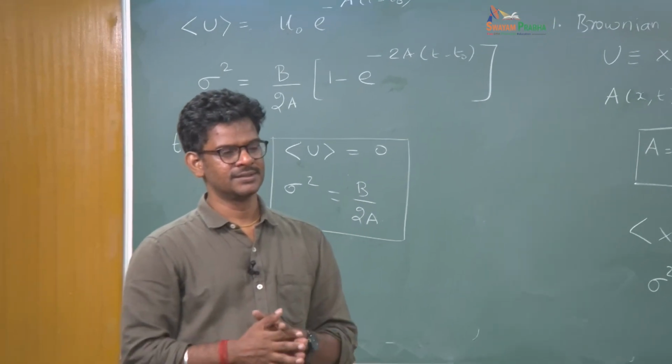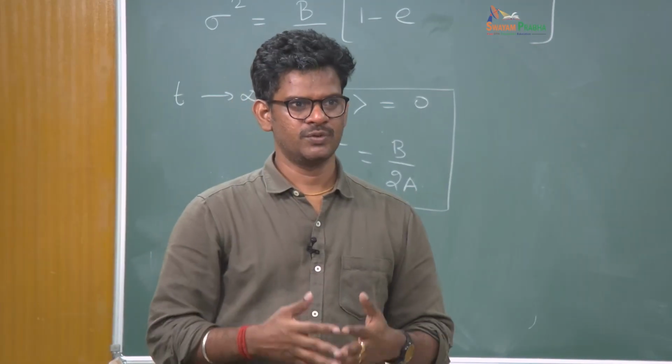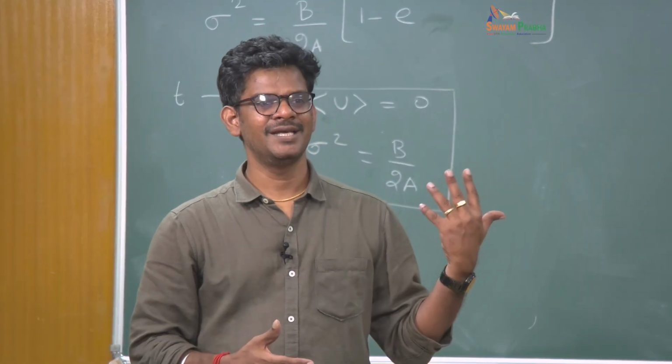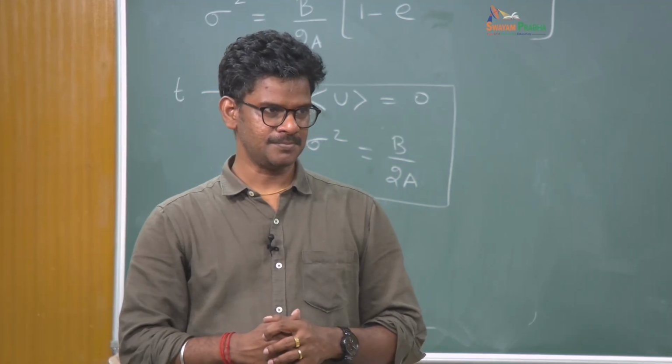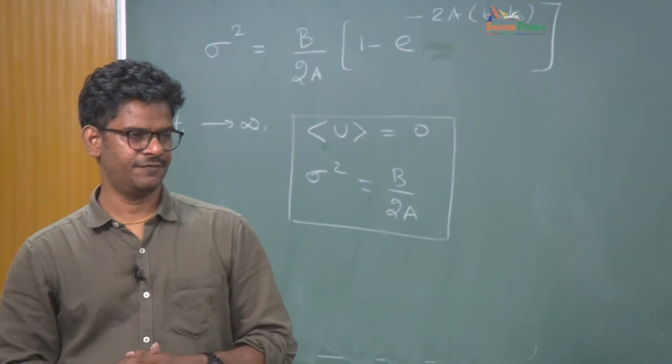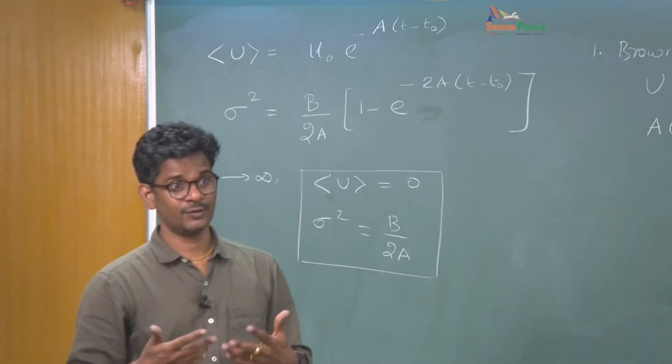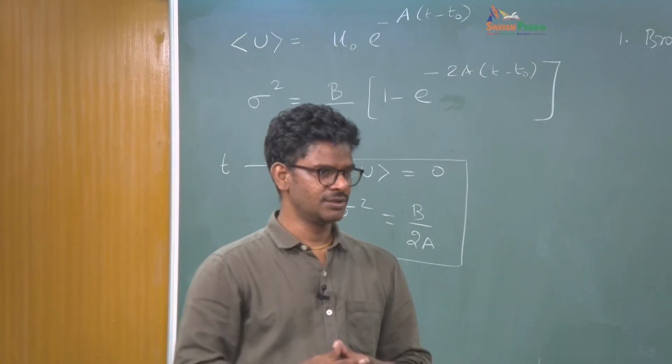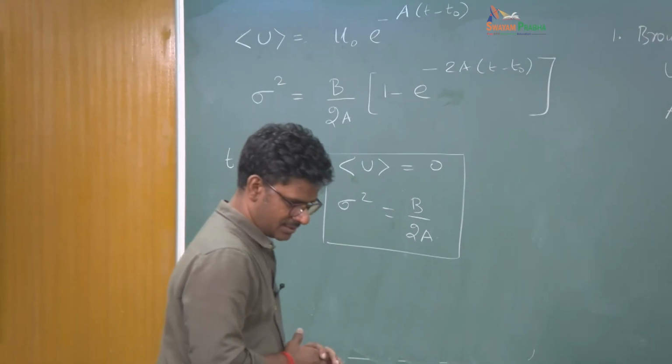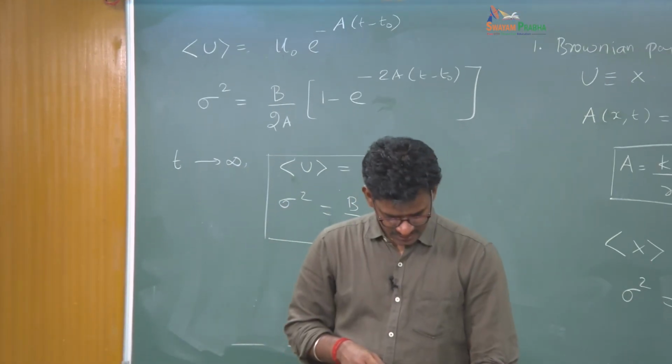On the other hand, if you are looking at a new situation where the A and B functions are not necessarily like this, then we have to solve them differently. Okay, so that's the important message I want to convey.